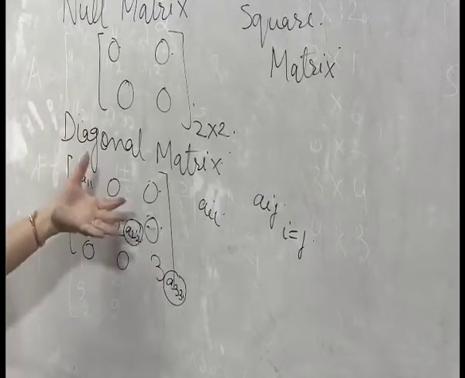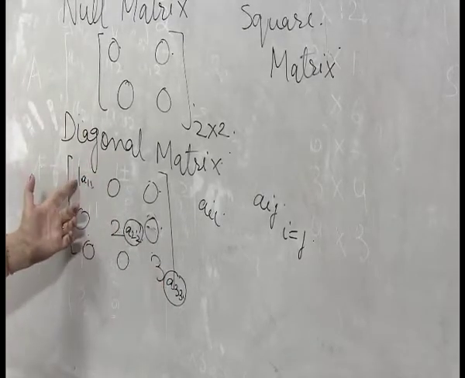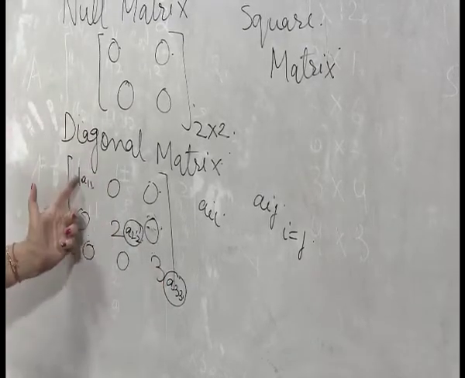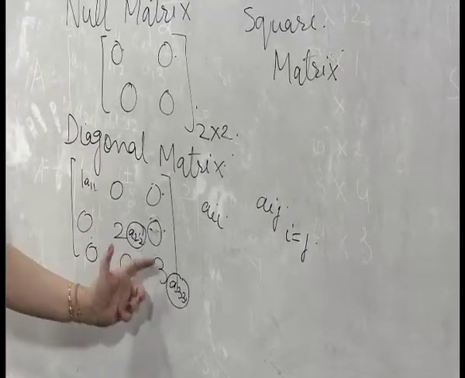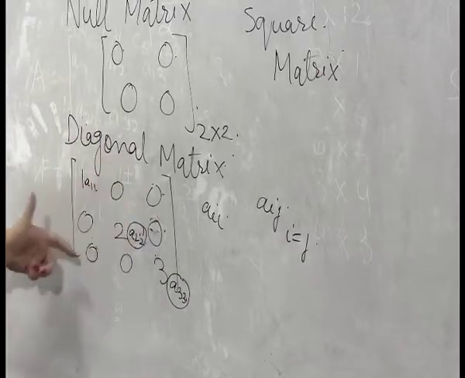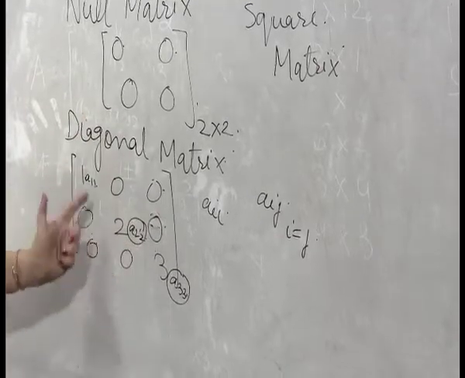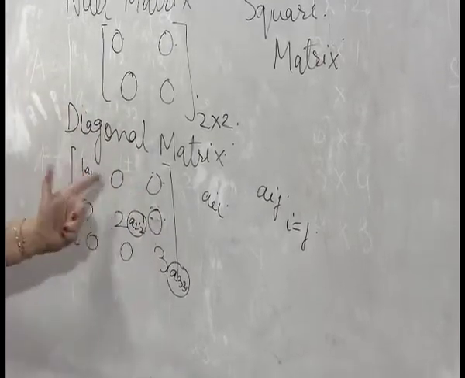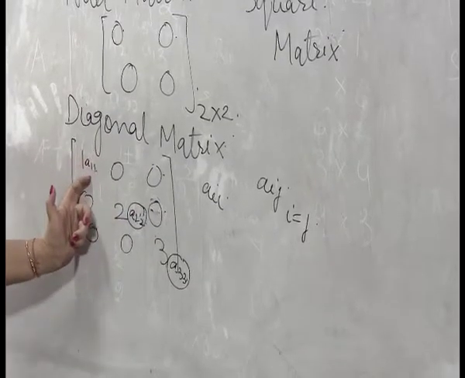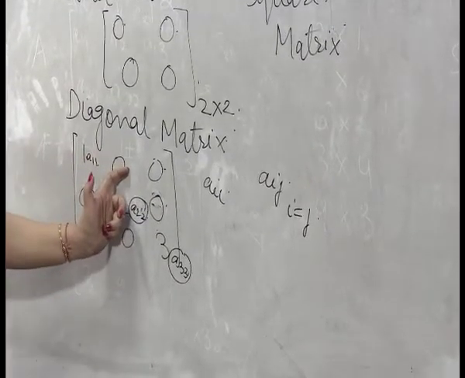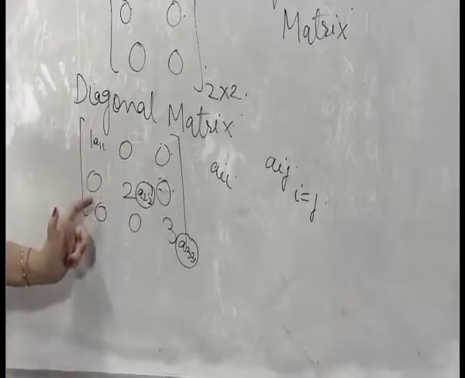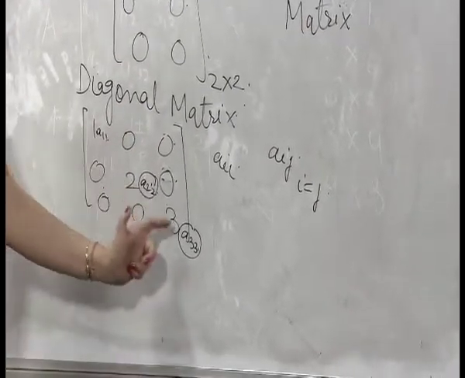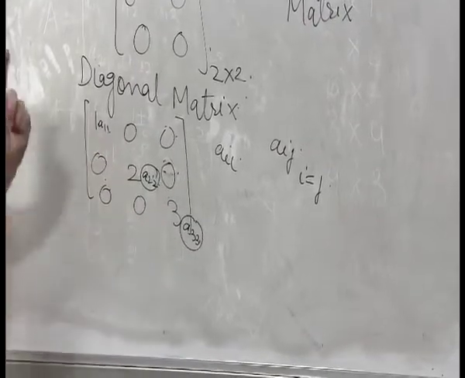Now, the diagonal matrix is a matrix which has all non-zero elements in the main diagonal, and all the rest of the elements are zeros. You can see that A11 is 1, A12 is 0, A13 is 0. Similarly, all the other elements are 0, only the elements in the main diagonal are non-zero.